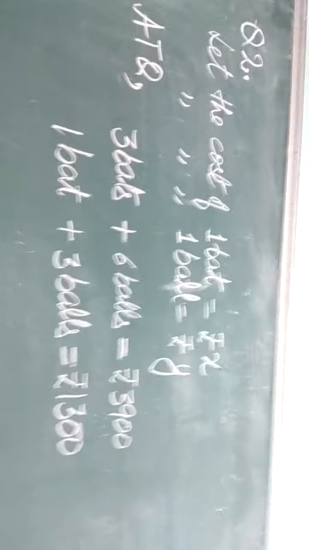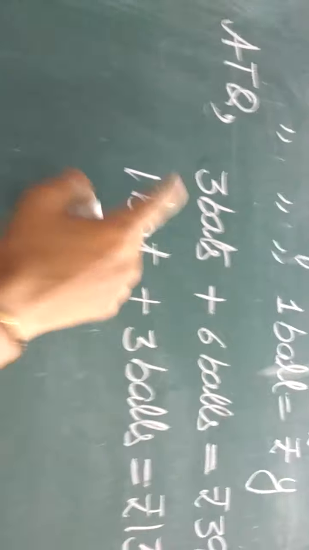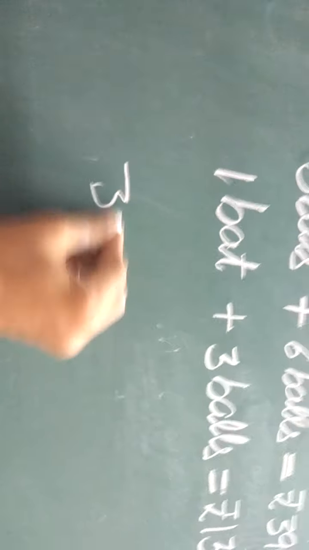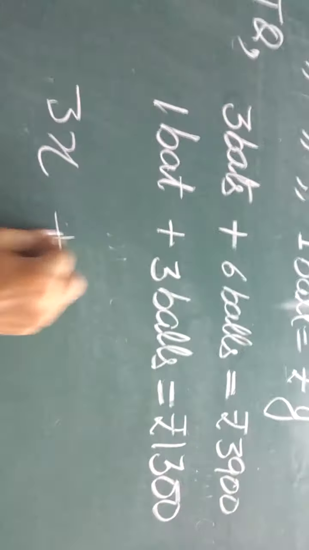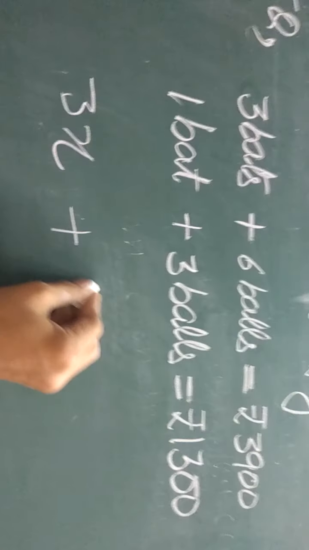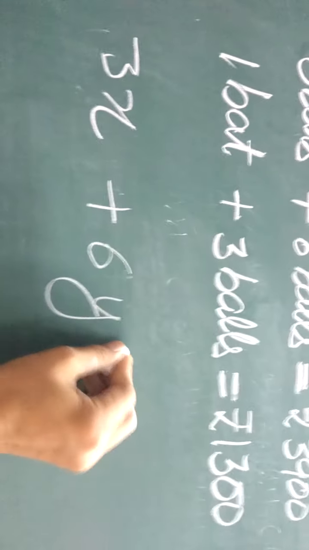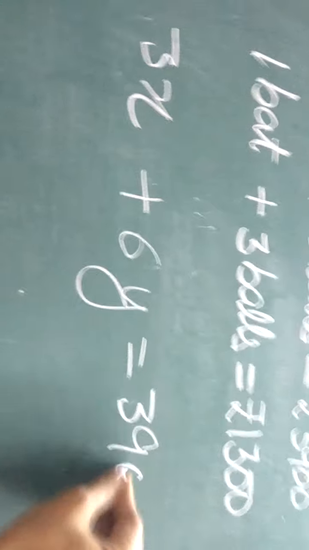Now the cost of 1 bat is X rupees, therefore the cost of 3 bats कितनी हो जाएगी, is 3x. Let us put the variables. Plus the cost of 1 ball is Y rupees, therefore the cost of 6 balls is 6y, equal to 3900 rupees. So we will write 3900.